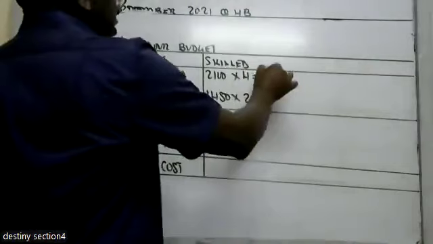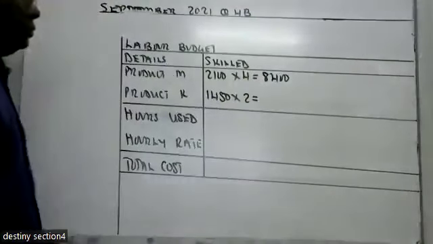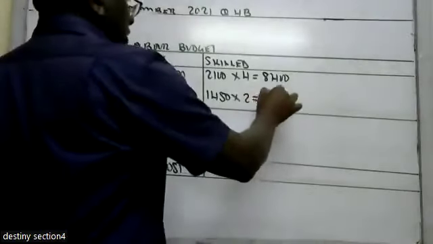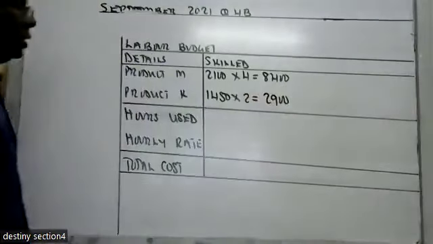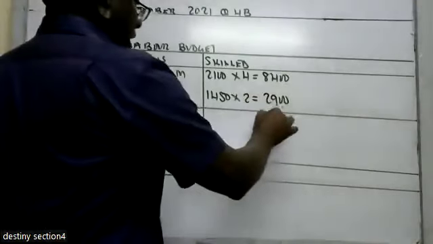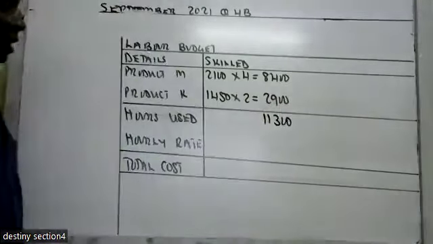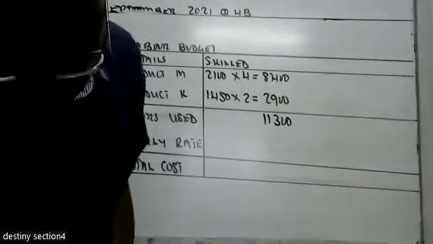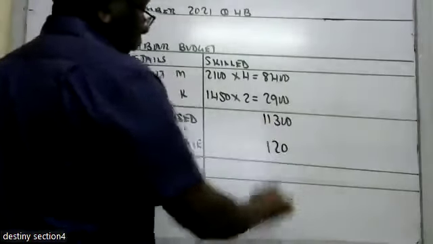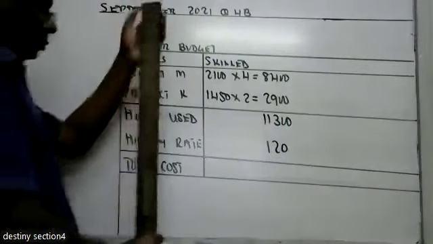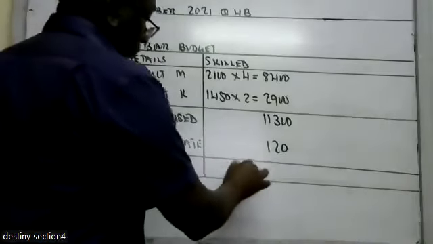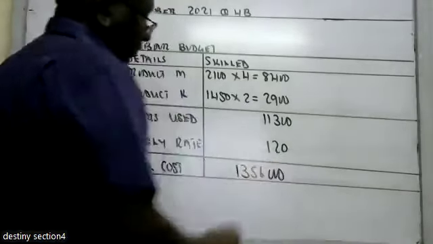Then the 400. 900. So you can add 11,300. Na ukiteremka hapo chini 1 hour inalipiwa 120. $1356,000.